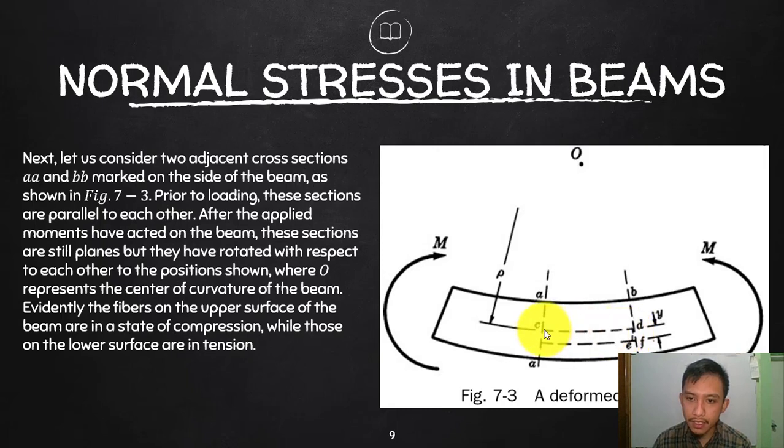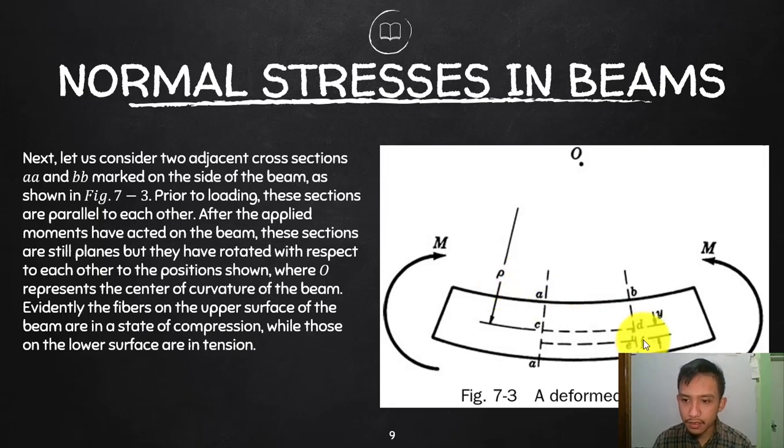If that is an imaginary arc of a circle, then that will be part of a big circle with a center at point O. If you try to get the radius from any point of the surface up to that point O, let's say that is your radius rho, in the Greek letter rho. That is your radius from that center of curvature, as we call it, to any point in your neutral axis.